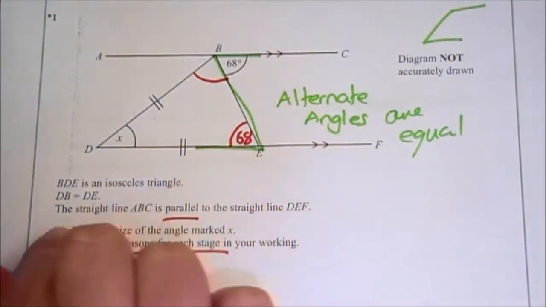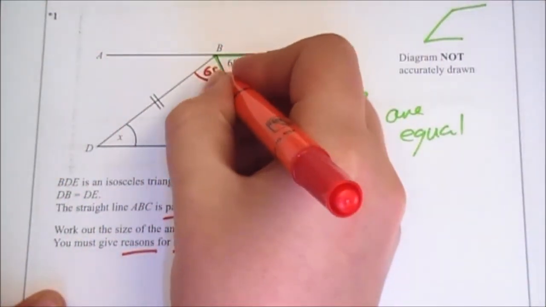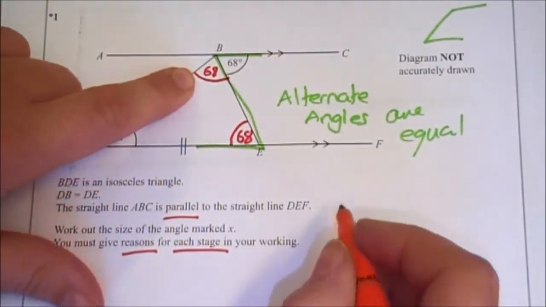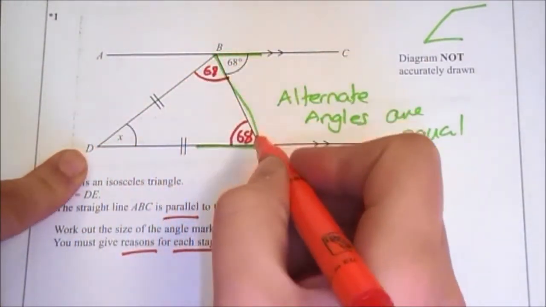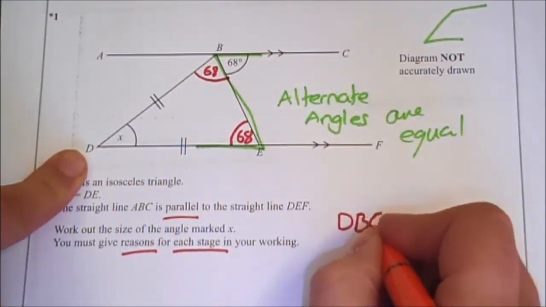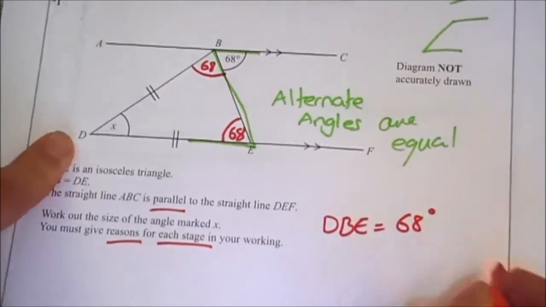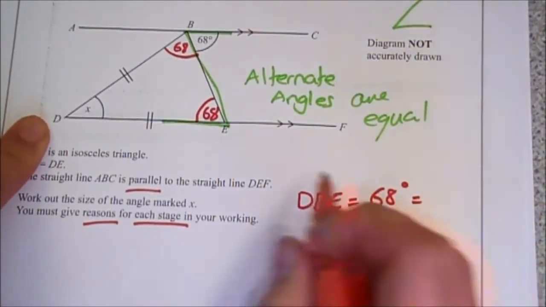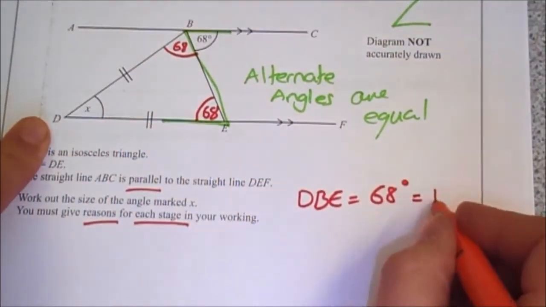Now, if I know that's 68 degrees, then I know that that is 68 degrees. And I know that DBE is 68 degrees because it equals DEB.